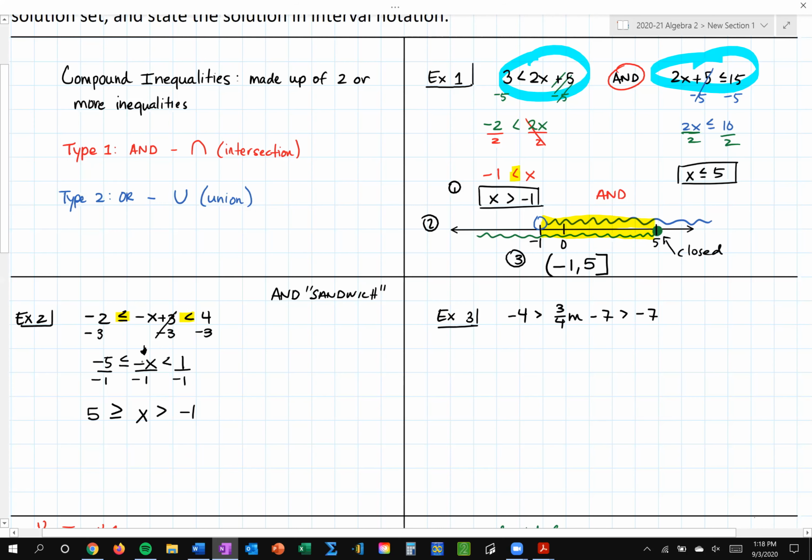Think about it as like a negative 1 right here. So then I divided by negative 1. But if I divide by negative 1, I got to do it to all sides, right? And since I have three sides now, I have to do it to the left, middle, and right. And then since we divided by a negative, we had to flip the inequalities. So that was the rule that we saw last. Does that make sense? Does that help?